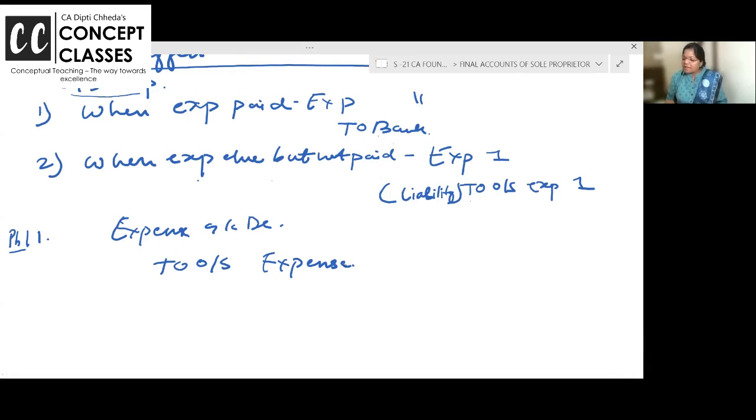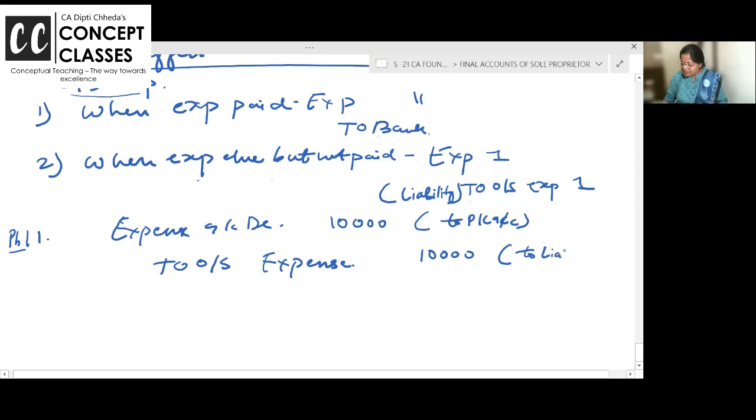Now expense account debit. कितना डेबिट करोगे आप? 10,000. 10,000 and outstanding expense will go to expense account debit. कहाँ करोगे? To P&L account. Write in bracket, an outstanding expense to current liabilities. Right. Please continue. 2 minutes. I'll be back.